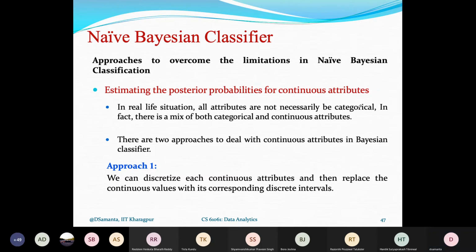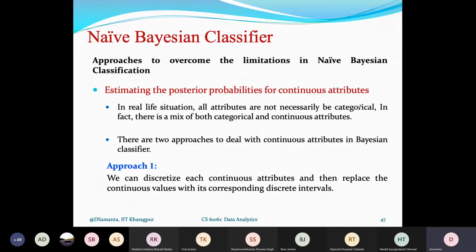Now we can discretize these age values into categorical ones. Possibly you remember that while I was discussing data categorization, I said a numerical attribute can be converted into a categorical attribute, but there is a loss of information. Take age as an example.